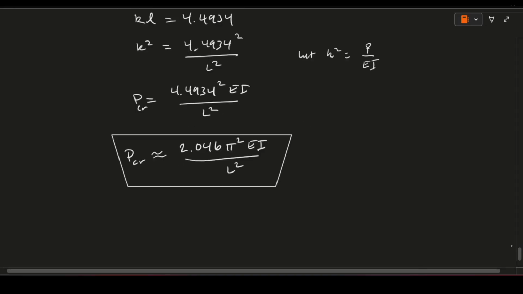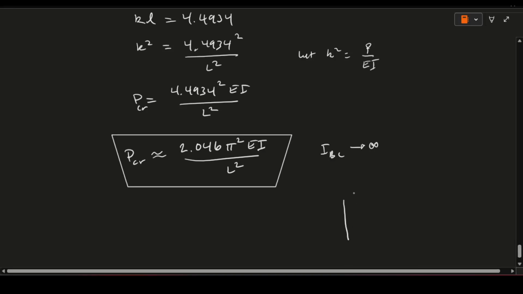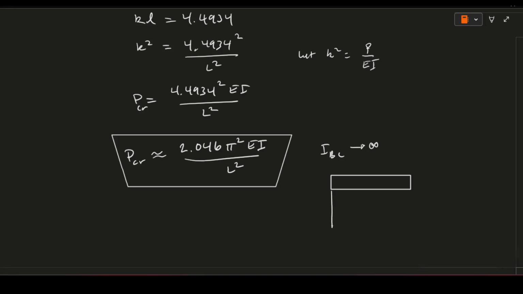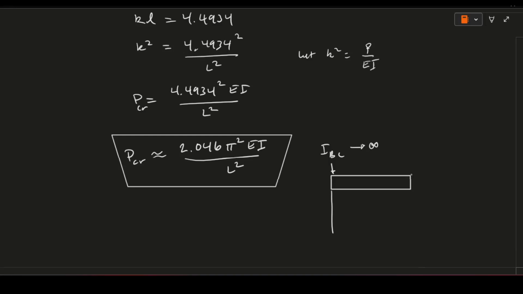Yeah, that was if IBC goes towards infinity. What that means in practicality is that the BC member is humongous, very large, so it's very stiff.